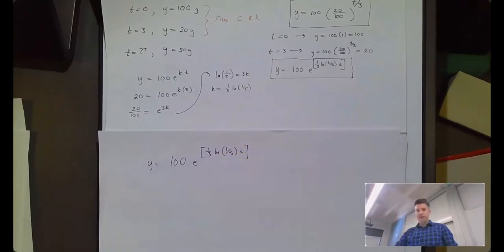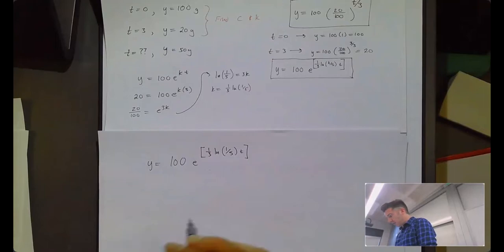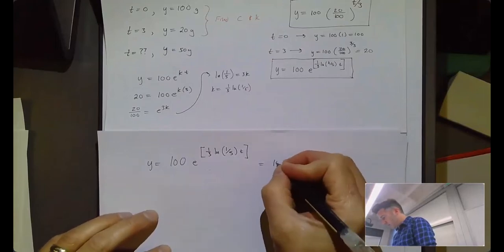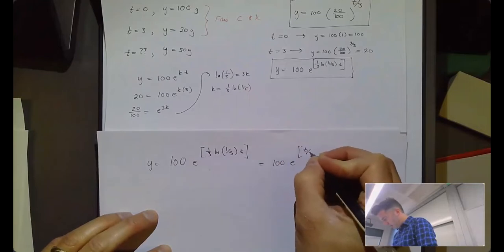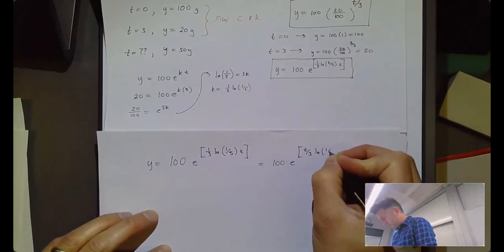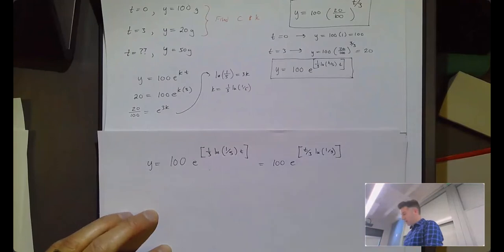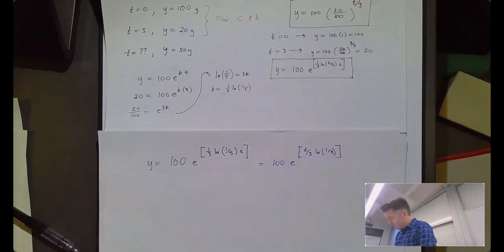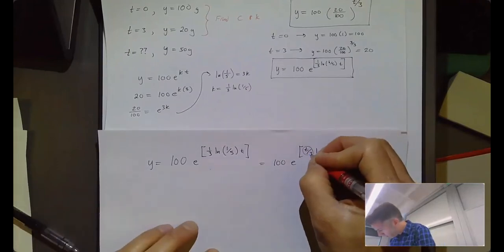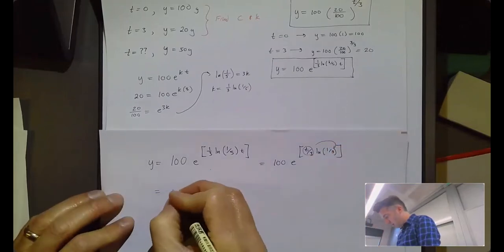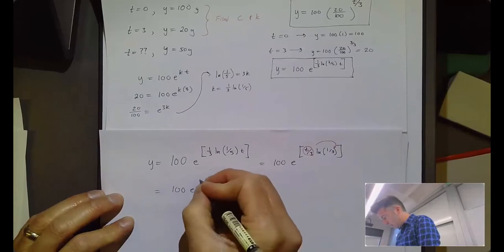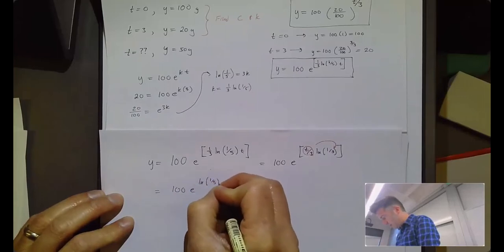So here's the trick. First of all, we're going to rewrite this as 100 e to the t times 1/3 natural log of 1/5, which is t over 3 times the natural log of 1/5. And then this t over 3 gets to become the power on the 1/5 there. So this is really 100 e to the natural log of 1/5 to the t over 3.